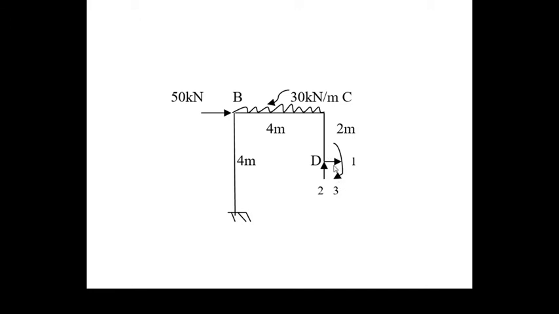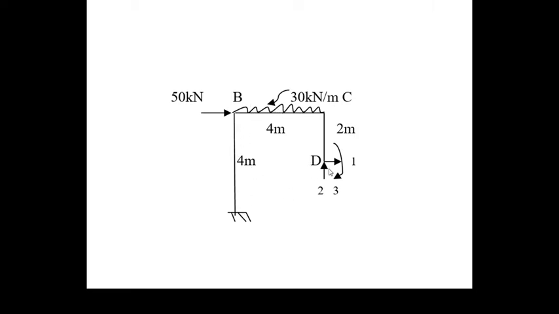Due to applying unit load here, we calculate the moment developed in the member. Similarly, for applying the load at 2, in that case we can calculate the moment applied on each member.